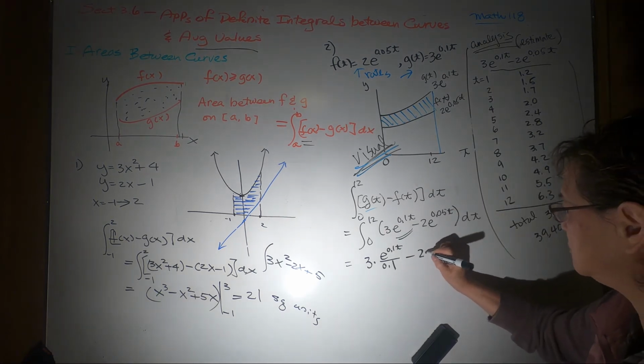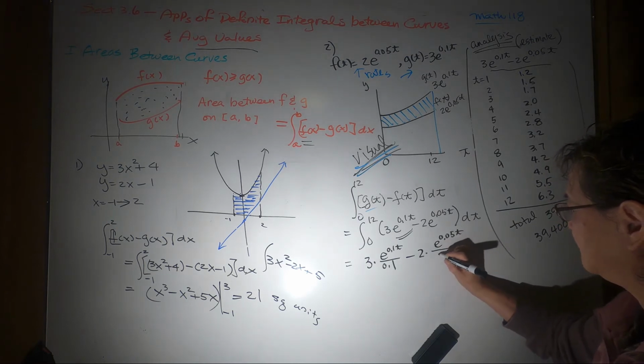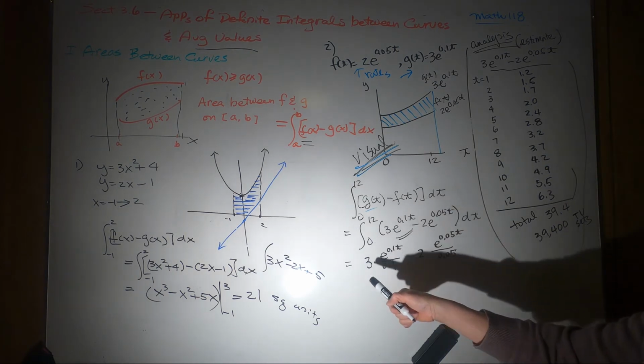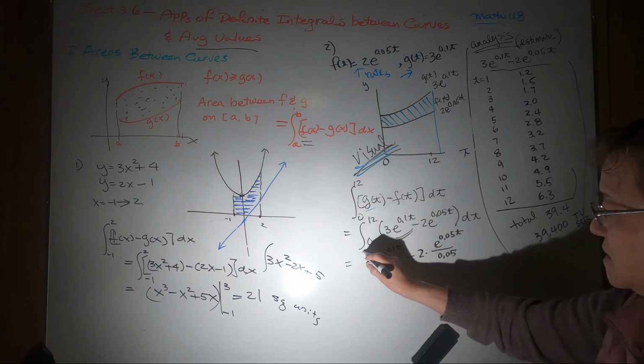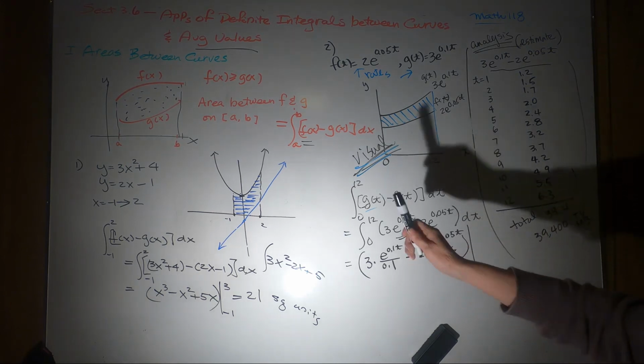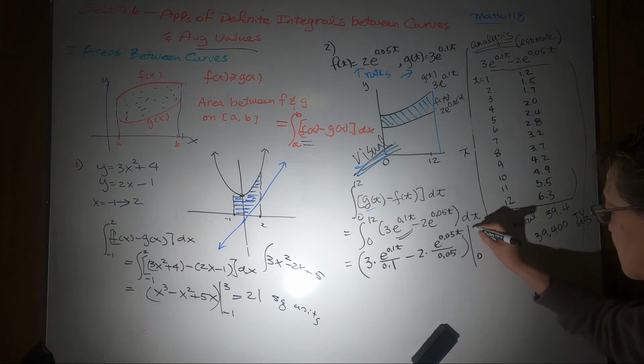Minus this one, 2 times e to the, use the chain rule, right? Then for the definite integral, we can just use the area below the curve formula. We plug in 0 and 12.